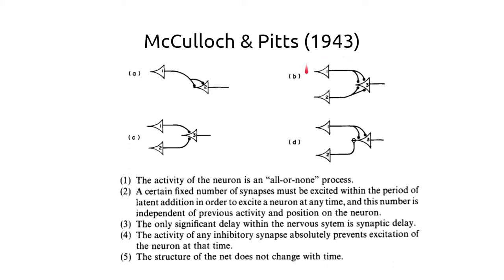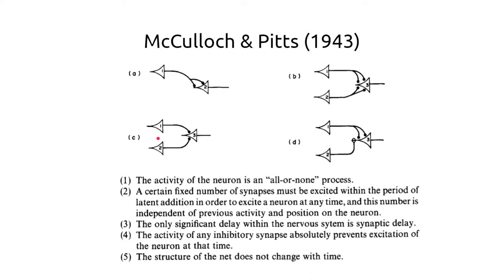You can think of this as an OR gate. Similarly down here, I've got only one connection from neuron 1 to 3 and one connection from neuron 2 to 3. Well, now this is an AND gate. Neuron 3 will only be active if both neuron 1 and neuron 2 are active.